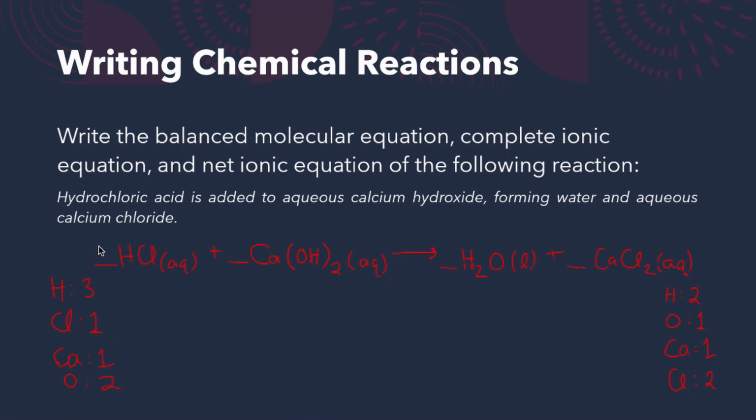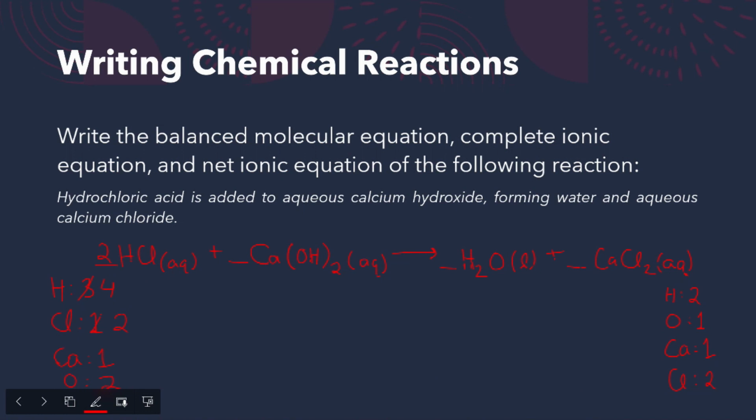So we're going to put a 2 over here. And over here, that's one of the hydrogens that's being multiplied by 2. So this is going to become not 3, but 4, since we're adding 1. And the chloride anions are going to be 2 over here, so this is balanced.